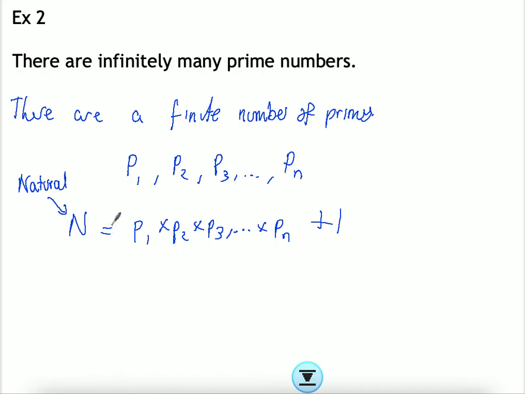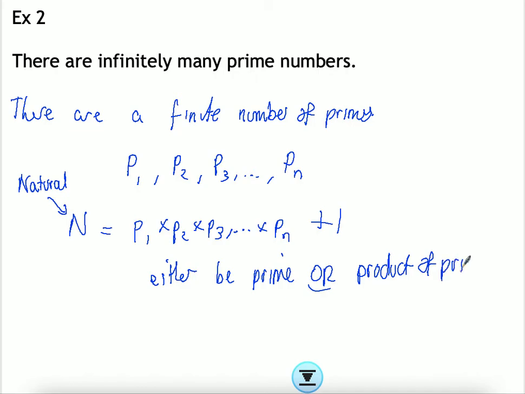If n is a natural number, then because it's greater than 1, it must either be prime or a product of primes. That's how numbers work, right? It's either a prime number or it can be written as a product of primes.